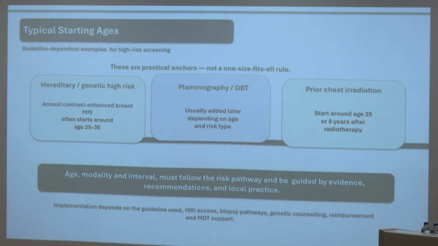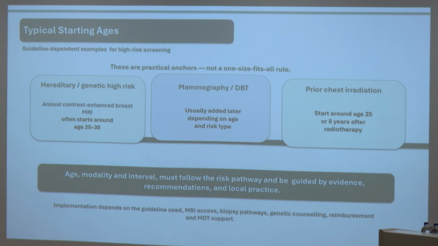For hereditary genetic risk, it often starts around 25 to 30 years old. The mammography and DBT is usually added later, depending on age and risk type. But we should not just leave out the mammography because of the microcalcifications in tubular carcinoma. And for prior chest irradiation, it starts around 25 years and 8 years after radiotherapy.